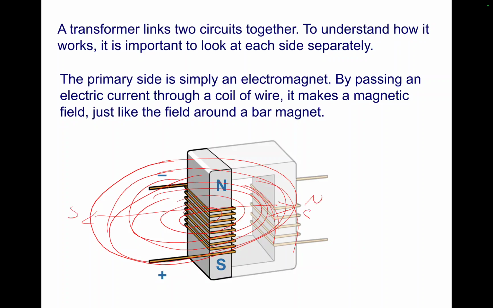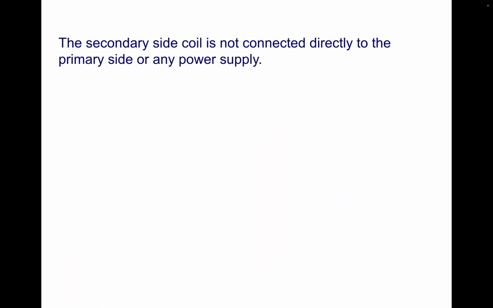It'll flip, this will become south, this will become north, then it'll flip again, and it'll do that really rapidly. And because that magnetic field is cutting the secondary coil, we get electromagnetic induction. The secondary side coil is not connected directly to the primary side or any power supply.